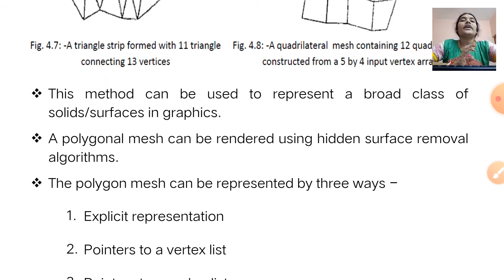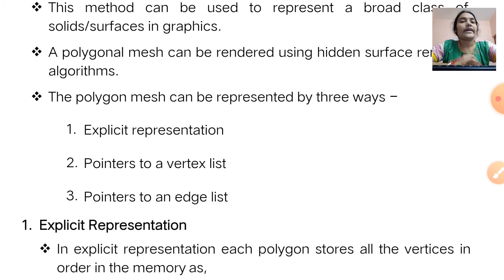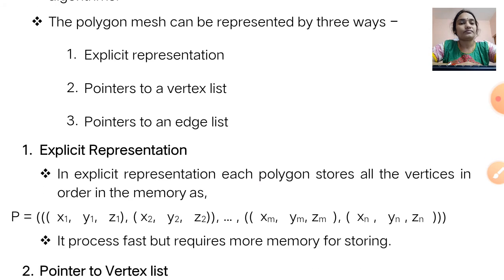A polygonal mesh can be rendered using a hidden surface removal algorithm, and it can be represented in three ways. First is explicit representation, second is pointers to a vertex list, and third is pointers to an edge list. First we discuss explicit representation.